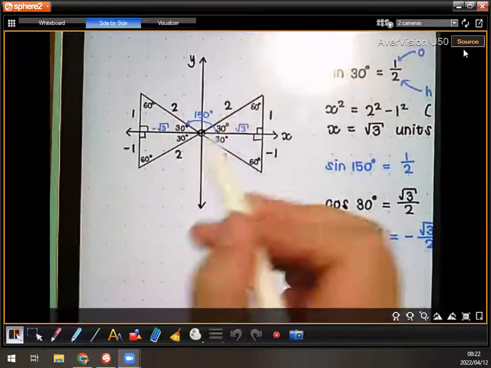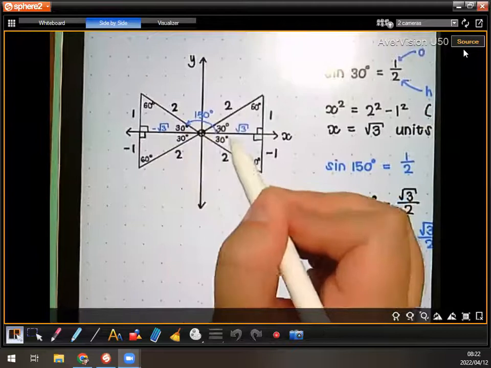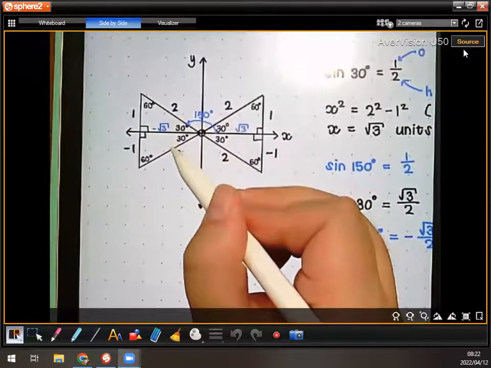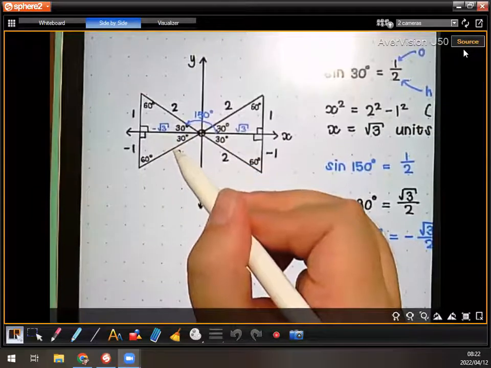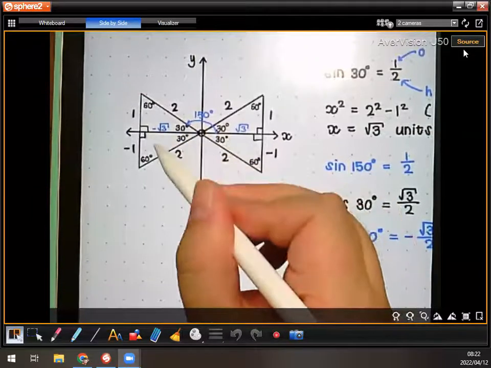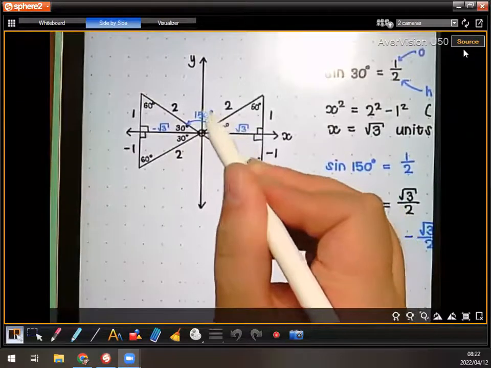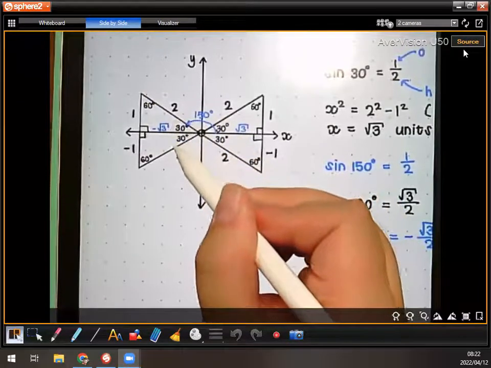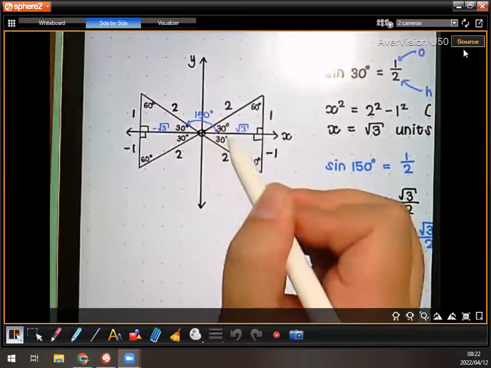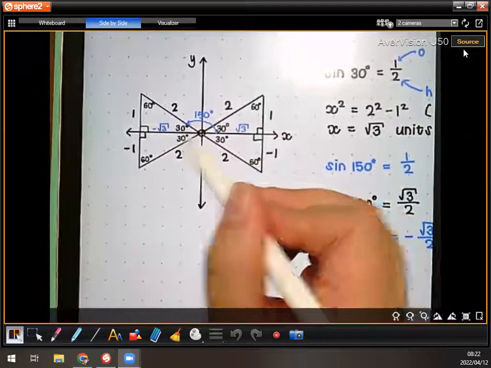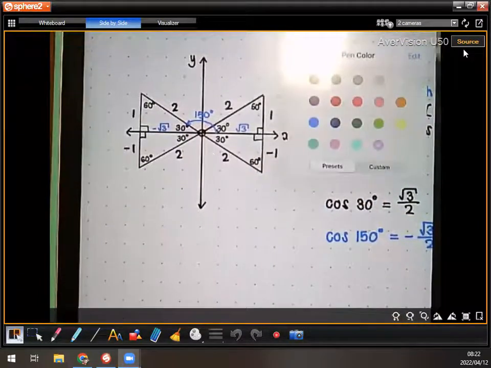What would this angle be from 0 all the way around to that line? So it's 180 to there, but then we're adding another 30 to it. Okay, 210 degrees. You guys see what I'm doing? We're going from 0 all the way around to that line in the third quadrant. That will give us an angle of 210 degrees because it's 180 plus 30 there. It's going to look a bit busy now, but I do want to pull that in.